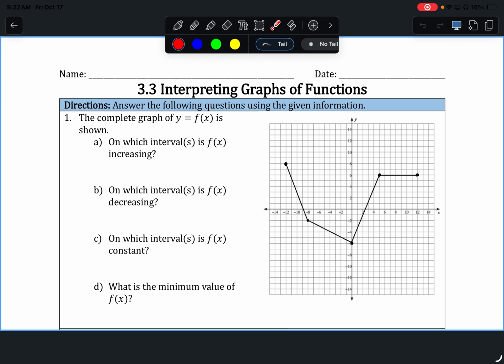Does it matter what number we put in the front? Yes. Okay. It has to go from left to right.